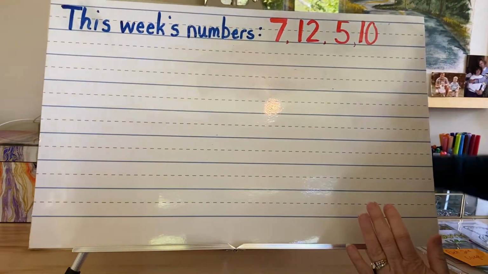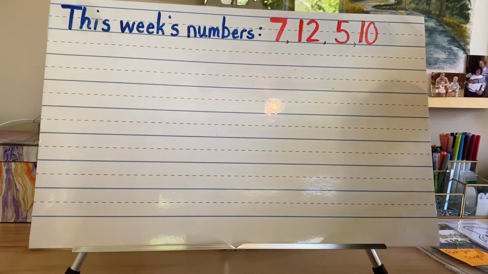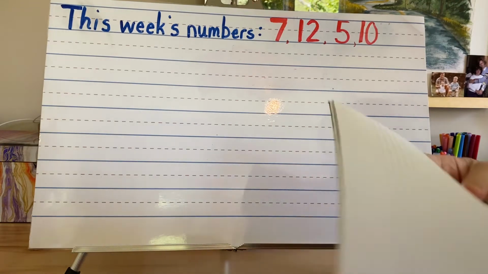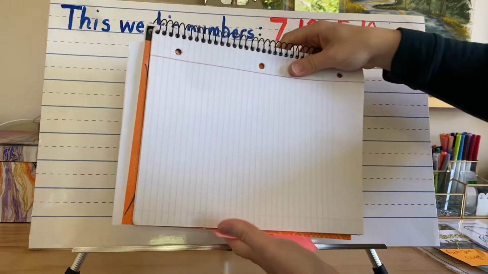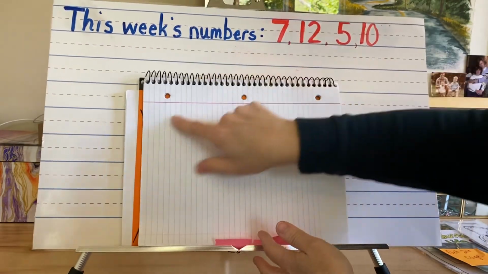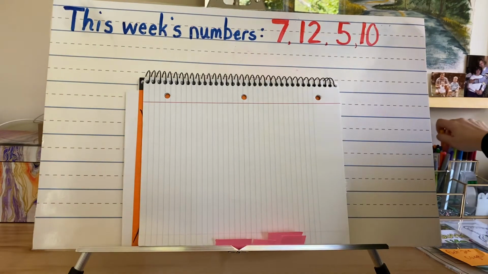So in the middle of your notebook, I'm going to pull up Caleb's notebook, because that's the notebook I have been using. So if this is your writer's notebook, you find a nice, clean, empty page, and then for this, I like to turn it sideways, like this. Here's a notebook page. And then this is where you can make a really fun number page.